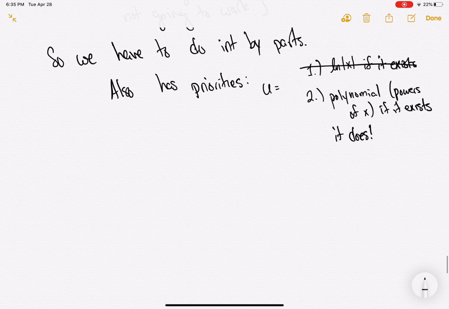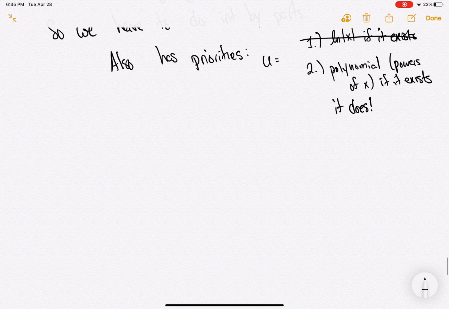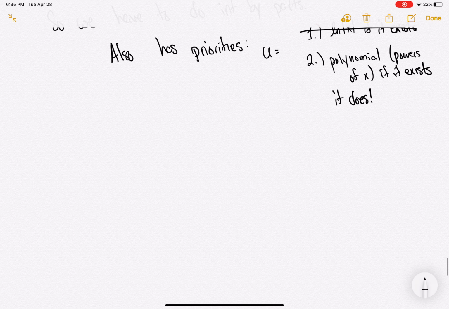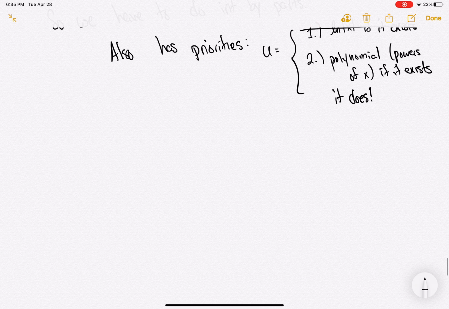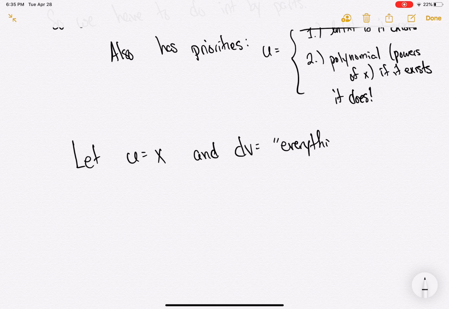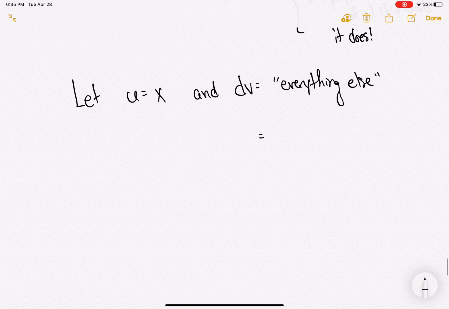So then we're going to let u equal x and dv equals what I like to say, everything else, which is going to be e to the minus x dx.